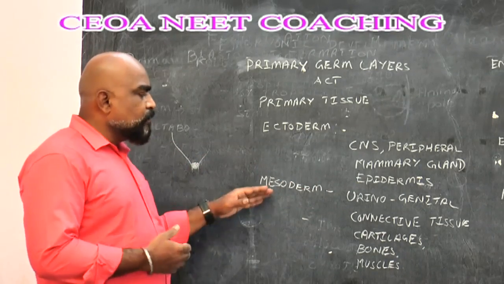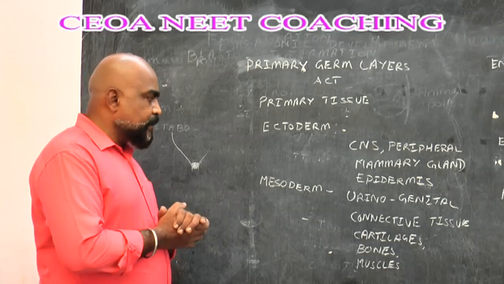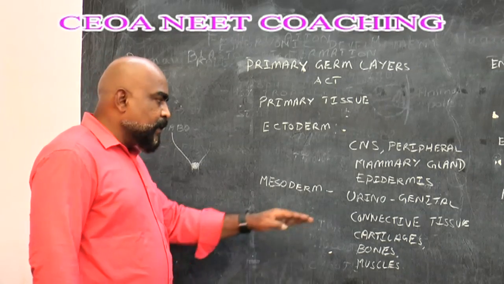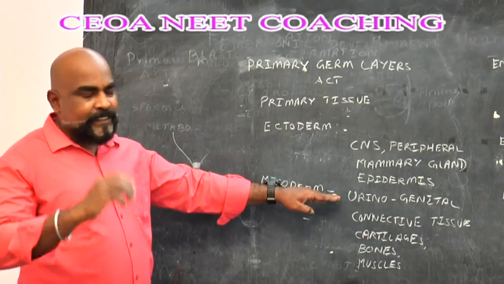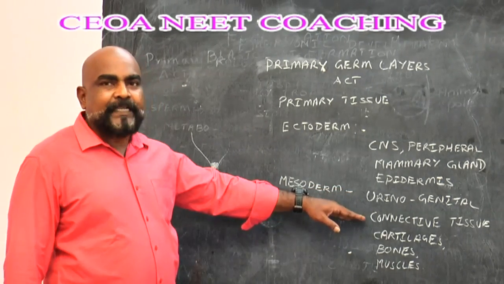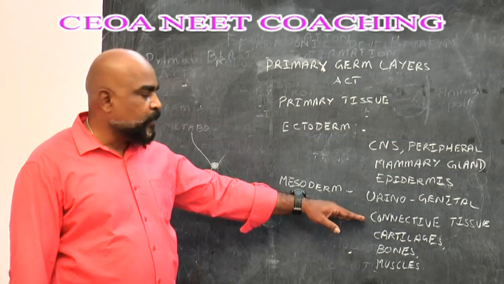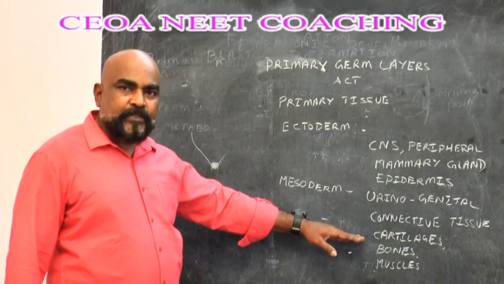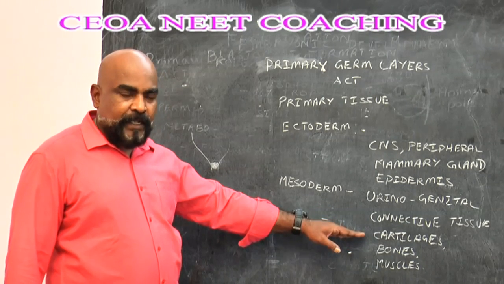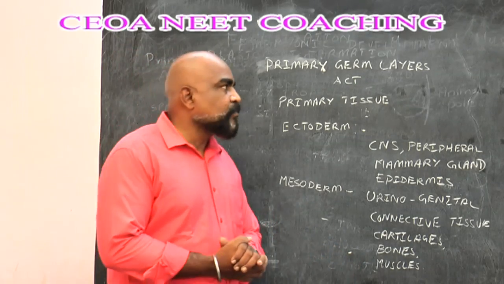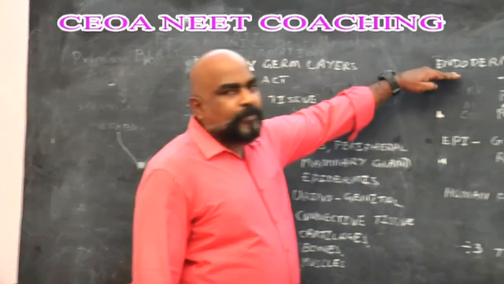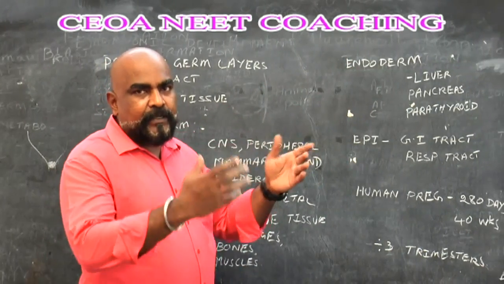Next, mesoderm, which is the middle of the 3 layers, develops into the urinogenital system, and all connective tissues arise from the mesoderm. It also gives rise to the cartilages, bones and muscles. The endoderm: endo means inside, derm means skin or layer.